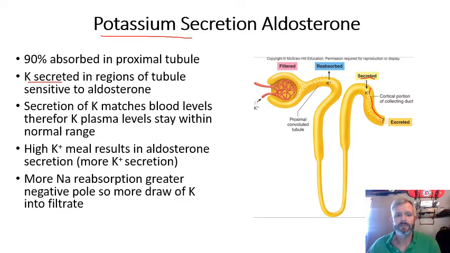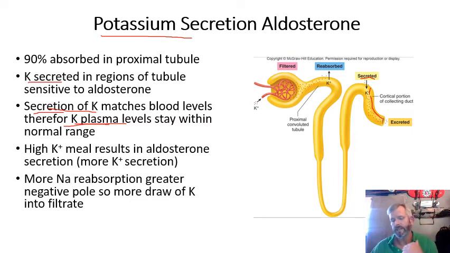Okay, so you can see if we ate a banana, bananas are high in potassium. Say you scarf down a bunch of bananas. This secretion again matches that of the plasma levels. So if plasma levels are high, secretion of potassium is going to be higher.